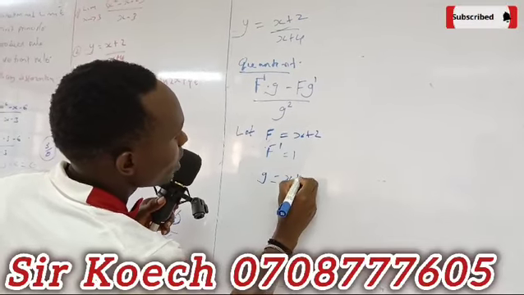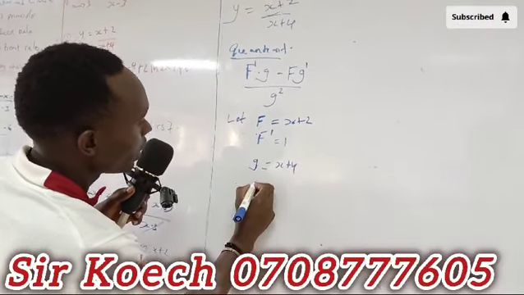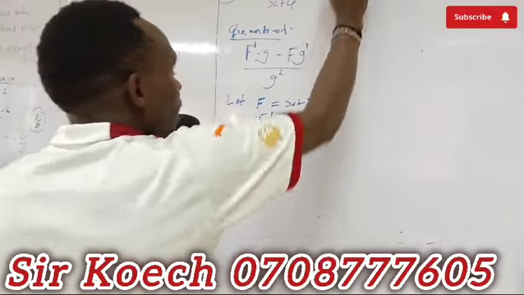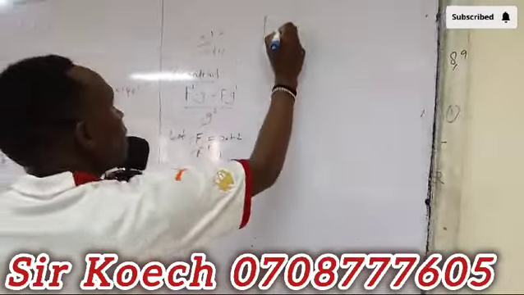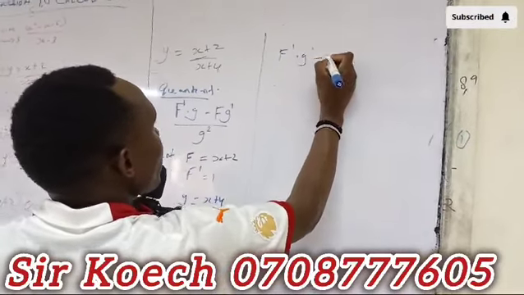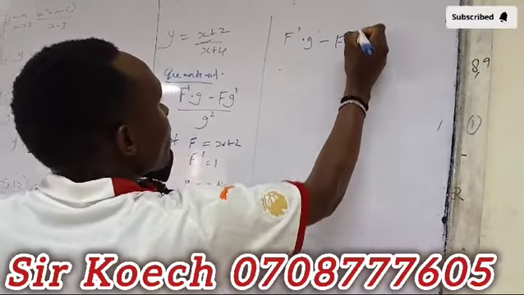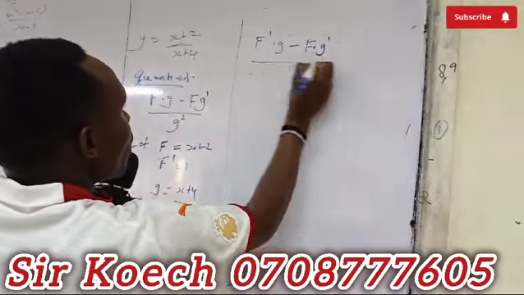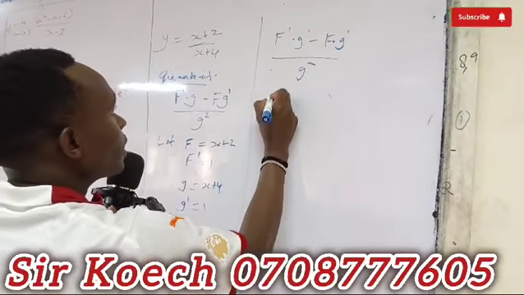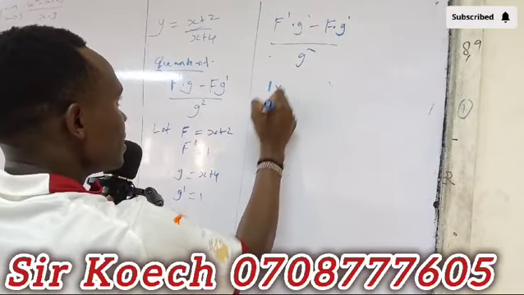g is x plus 4, and if I differentiate g now it is 1 again. Now I apply the formula: f prime times g, minus f times g prime, over g squared. So my f prime is 1, multiplied by g.